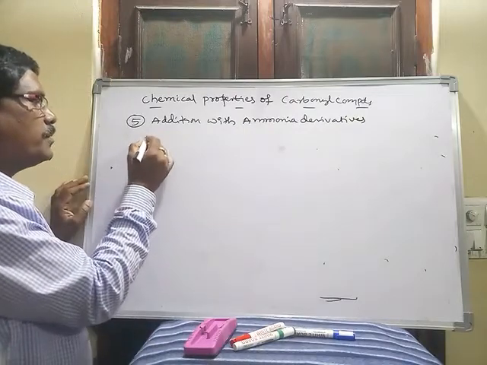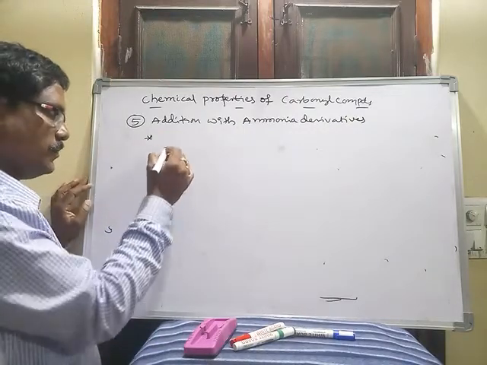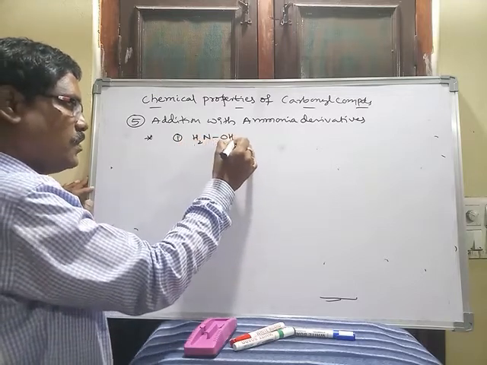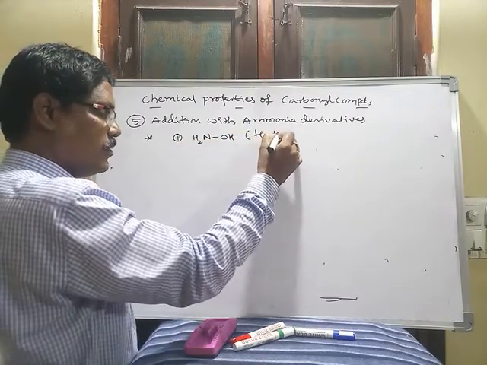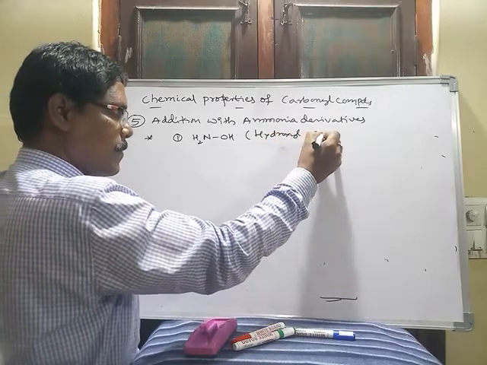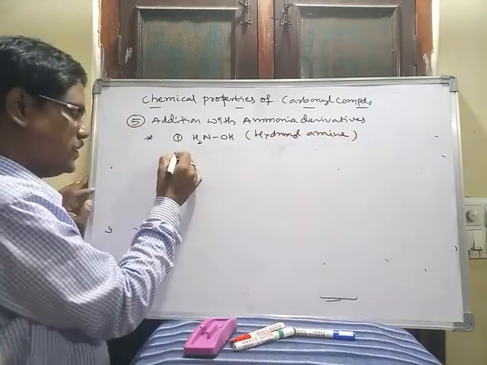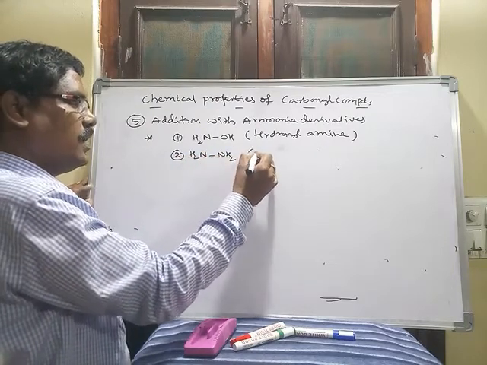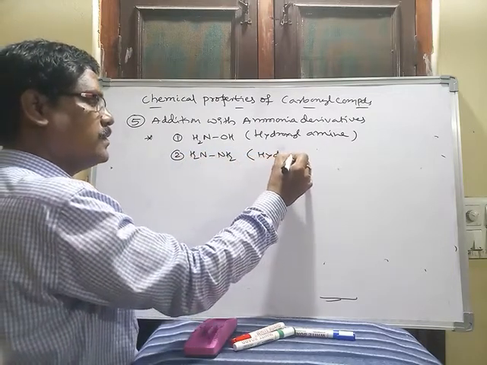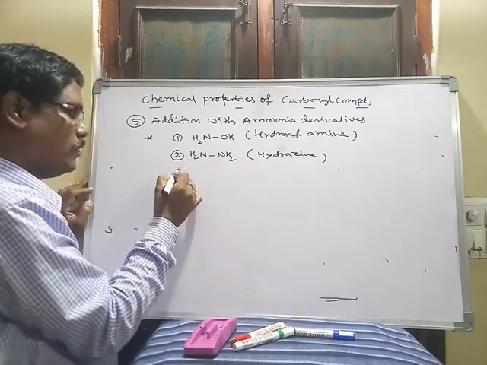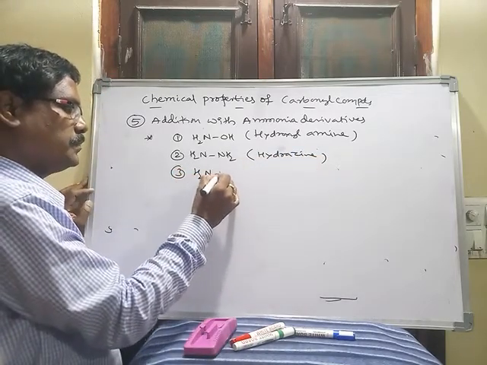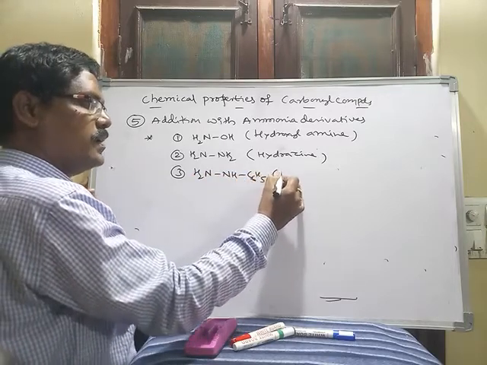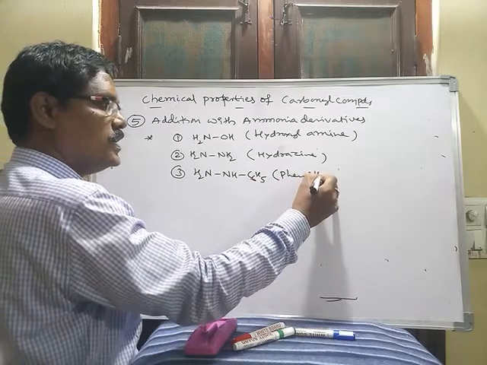Here the following compounds are known as ammonia derivatives. The first one is H2NOH, called hydroxylamine. The second one is H2NNH2, called hydrazine. And the third one is H2NNHC6H5, with a benzene ring. It's called phenylhydrazine.